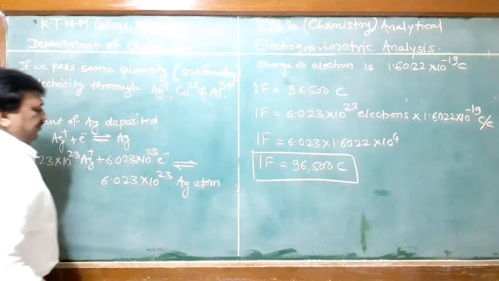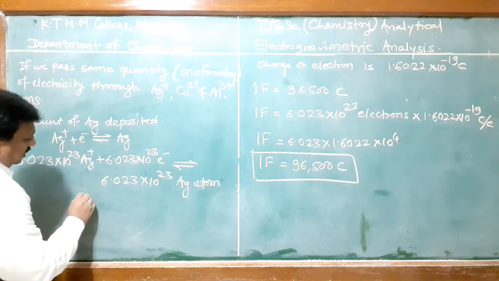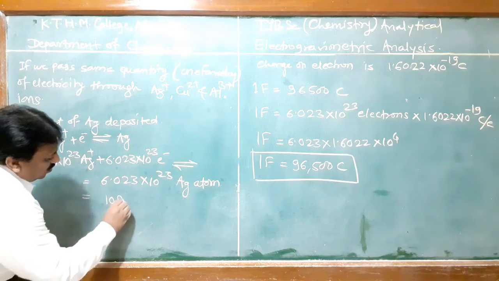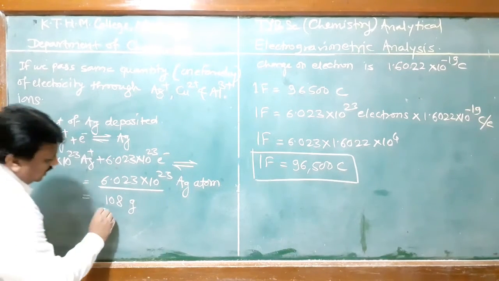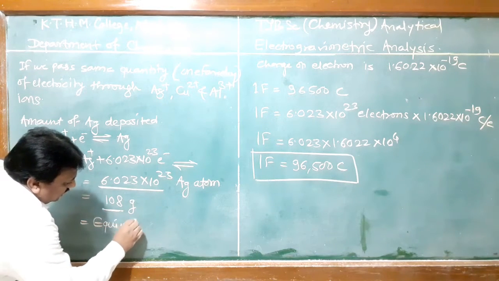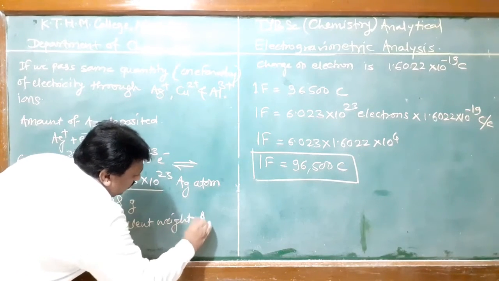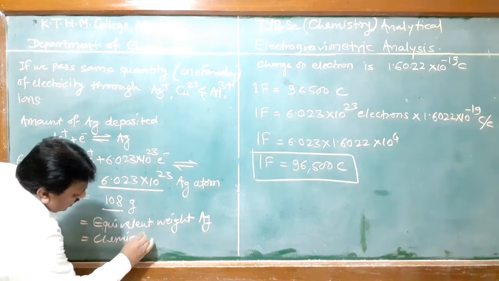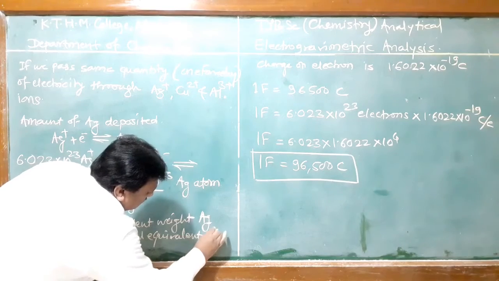This Avogadro's number of silver atoms has a weight equal to 108 gram, which is equal to the equivalent weight of silver, or you may say the chemical equivalent of silver.